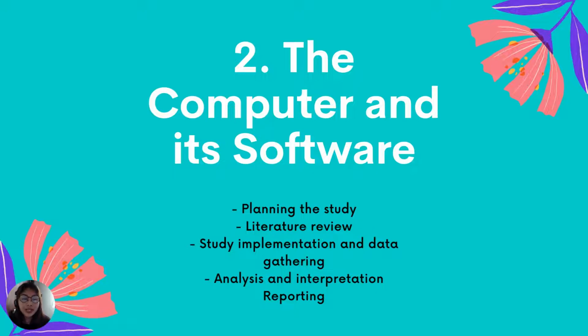So even Wikipedia is not an acceptable source to cite for a research paper. So dili tanang naa sa Wikipedia sakto. So Wikipedia can sometimes be used as a pointer to reliable sources such as peer-reviewed research reports.